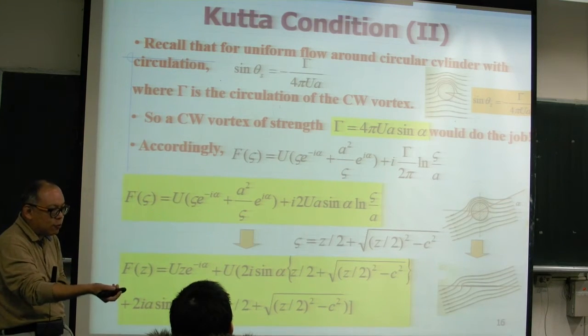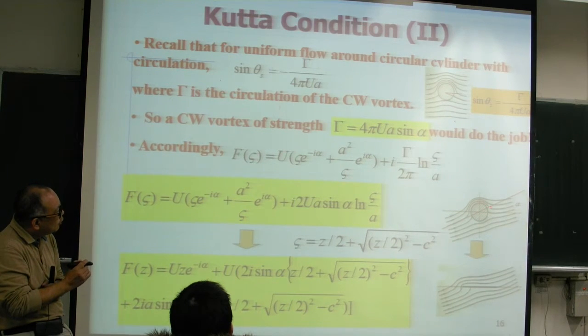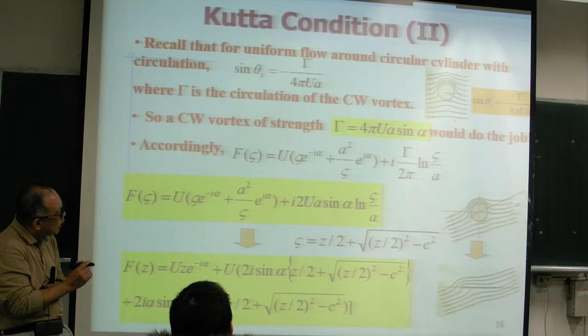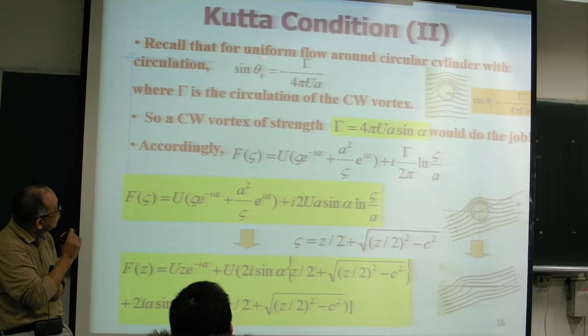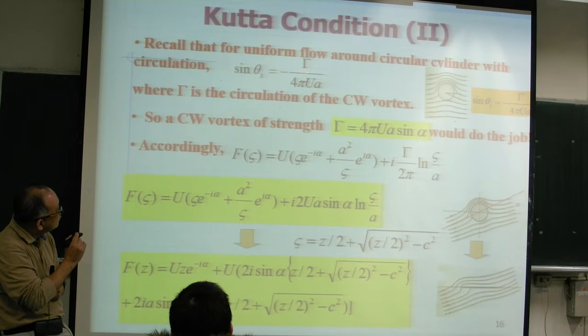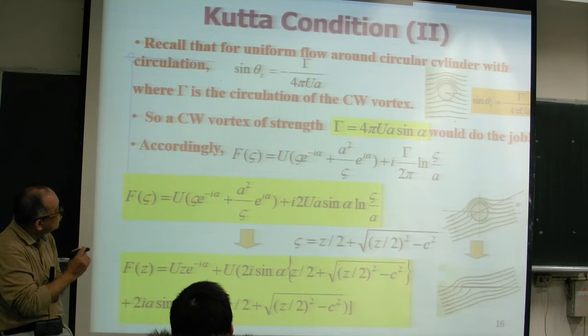What's the Kutta condition? The Kutta condition is that we would like to move our stagnation point from this point to this point, and the angle here is alpha. In order to change our stagnation point by angle alpha, this is the gamma we have to apply, right? And the gamma strength will be equal to 4 pi UA sine alpha.